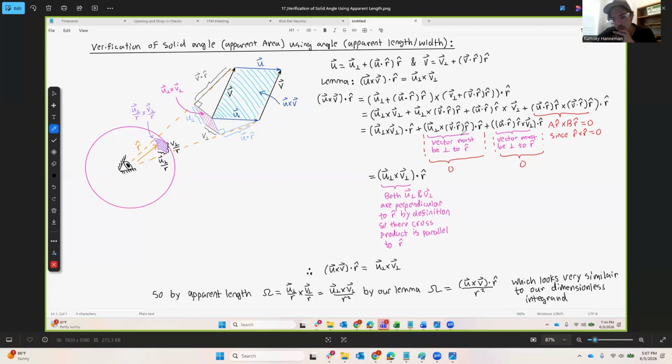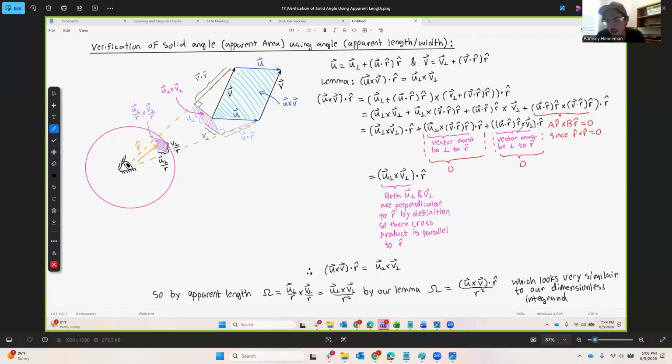So a cross b must be perpendicular to both a and b. Right. So u perpendicular cross r hat must be perpendicular to r hat, because r hat's part of the product. Right. So it's got to be perpendicular. So then when I come in and dot with r hat, I've got a vector that has no component in the r hat direction. So that term goes bye-bye as well.